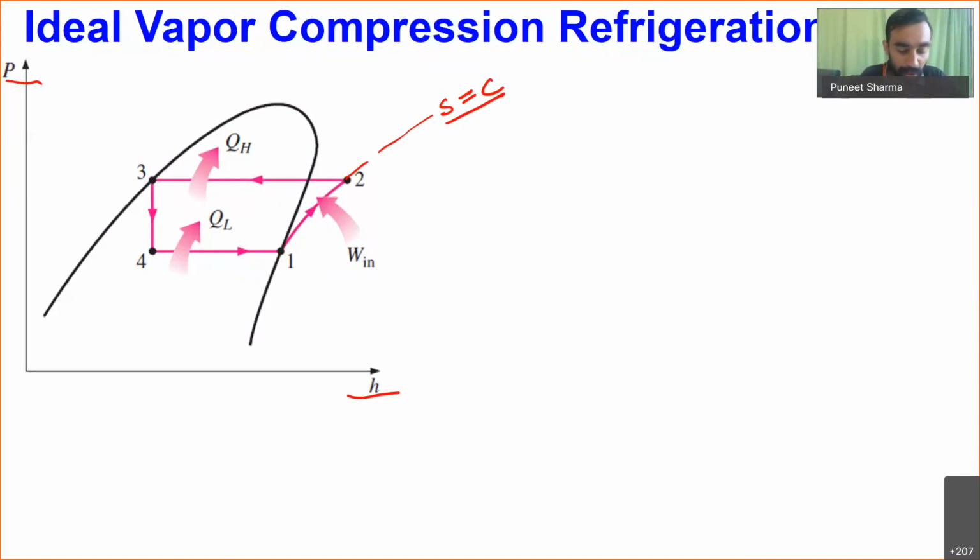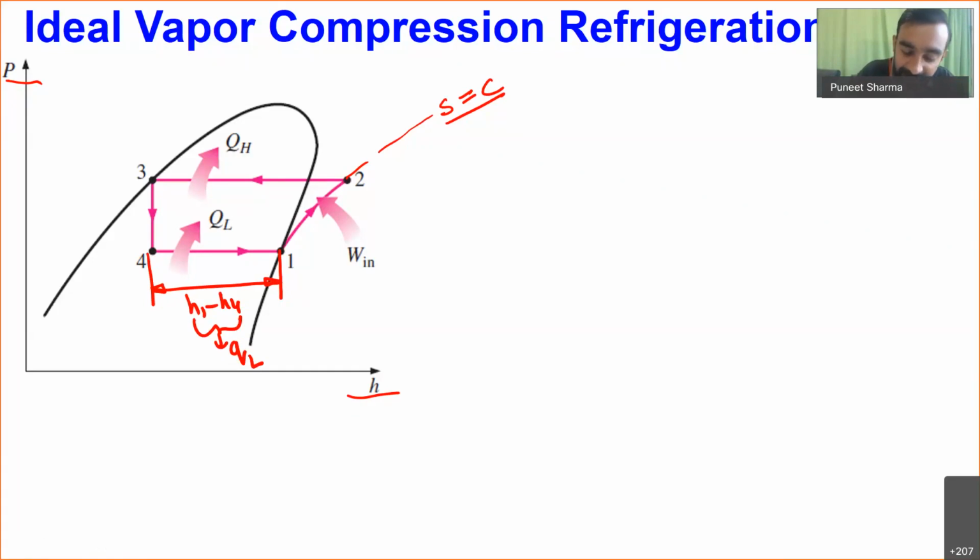Okay, so this is the same cycle which I previously showed on the TS diagram, the same I have represented on the pH diagram. So why do we generally represent this on the pH diagram? Because it is easy to quantify the things. So this line over here represents the difference between H1 minus H4. So that's why this line is nothing but equal to our refrigeration effect on a per kg basis.